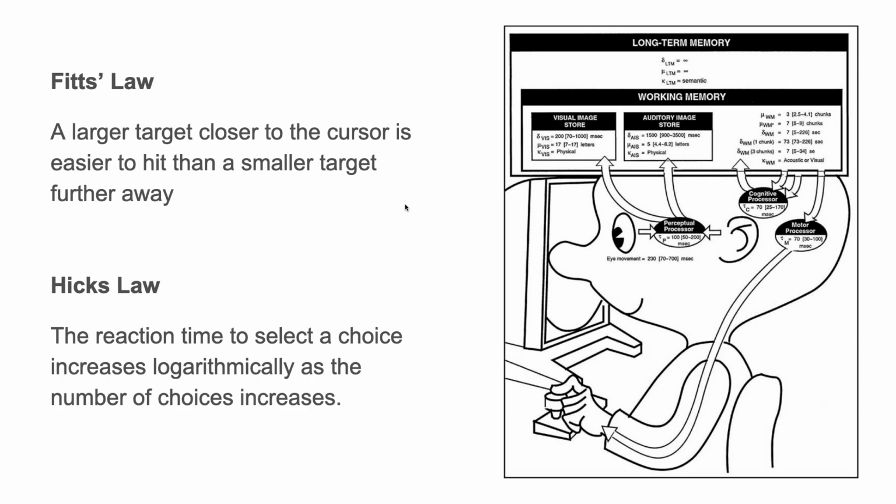Hick's law is about how people make choices. The reaction time to select something, a choice, increases logarithmically. That means it increases by a little and then more and more as the number of choices increases. So we can say, we want someone to take no longer than X seconds to make a choice.